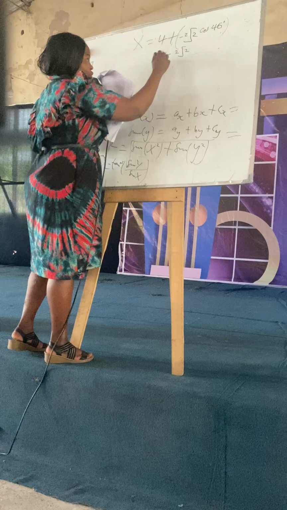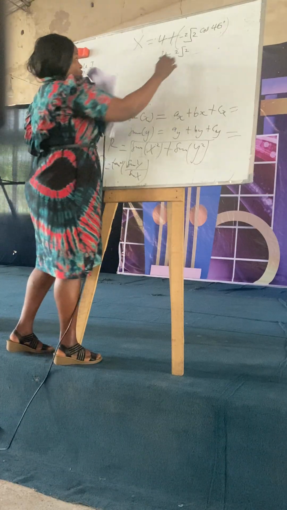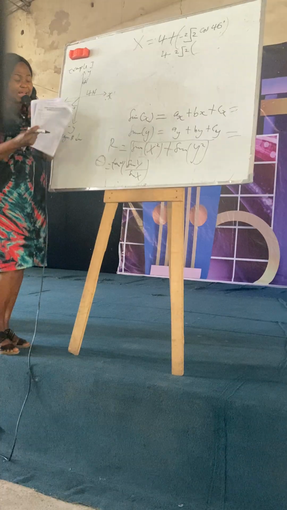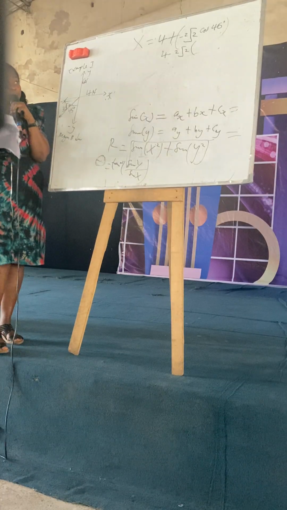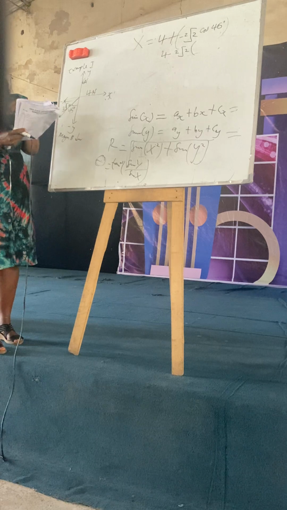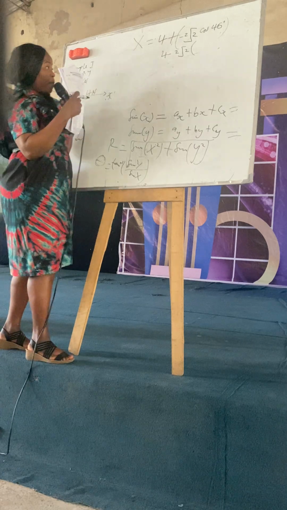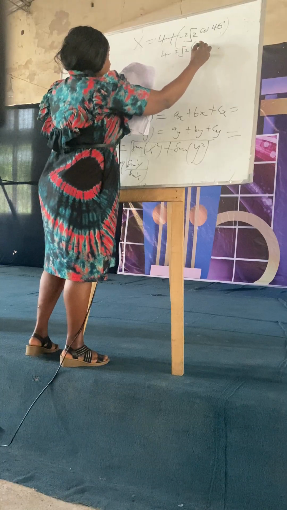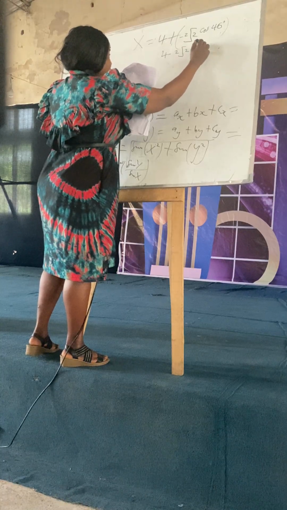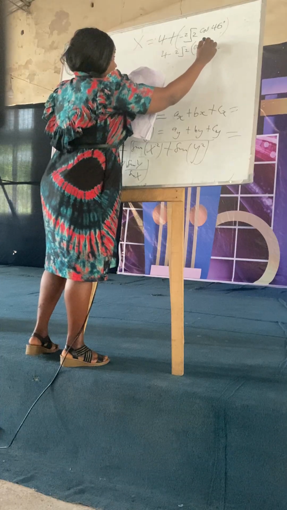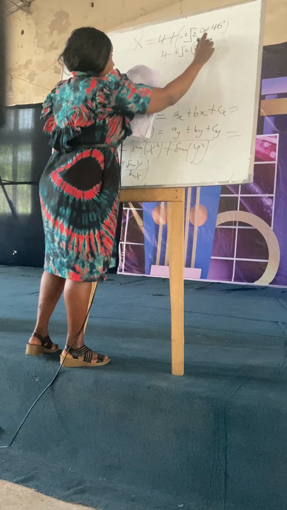What's cos 45, class? Press the calculator. What is cos 45? 0.7. Make it to 4 decimal places, please. 0.70.